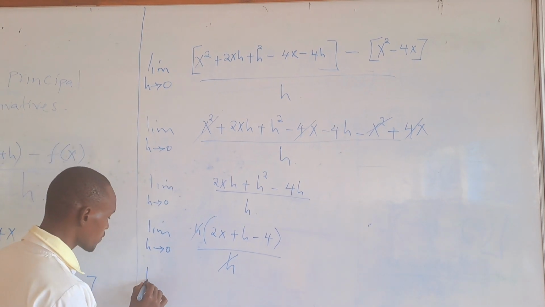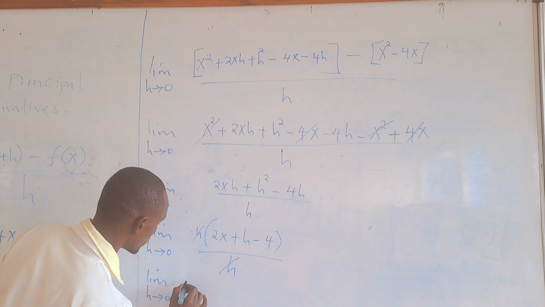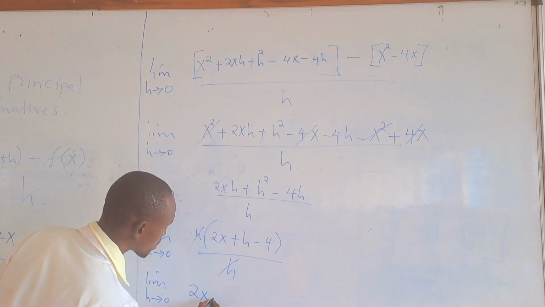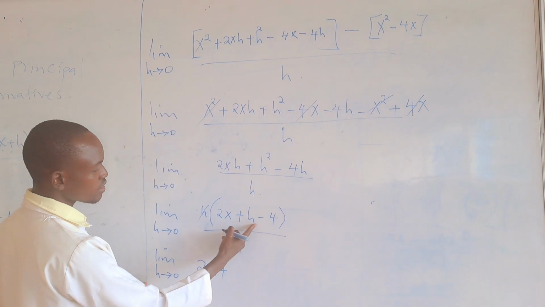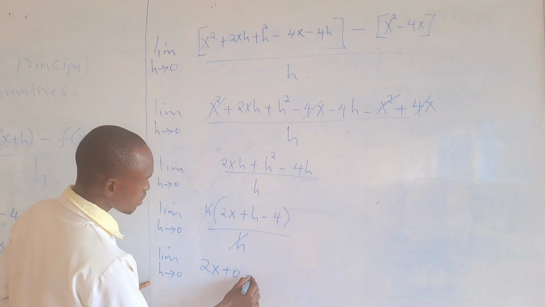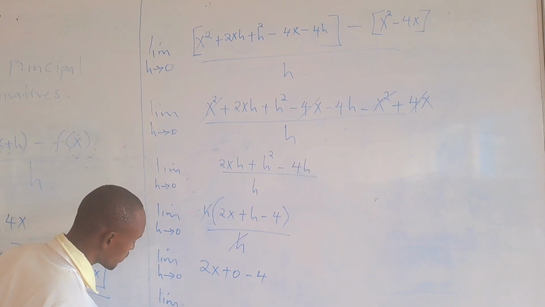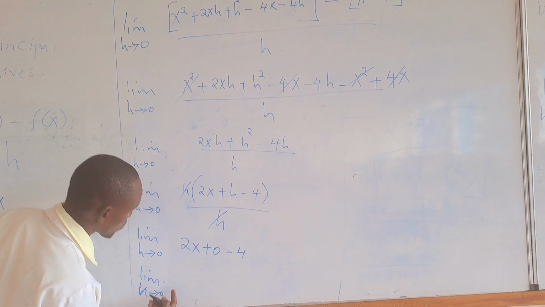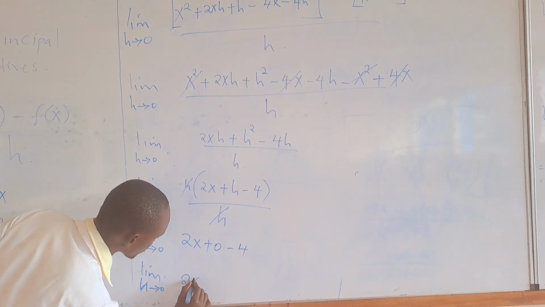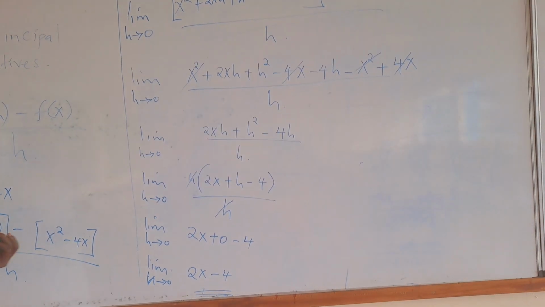So we have the limit as h tends to 0 equals 2x plus, remember h tends to 0, so we replace this by 0, then minus 4. So this will be simply the same as limit as h tends to 0 of 2x minus 4. And this becomes our derivative.